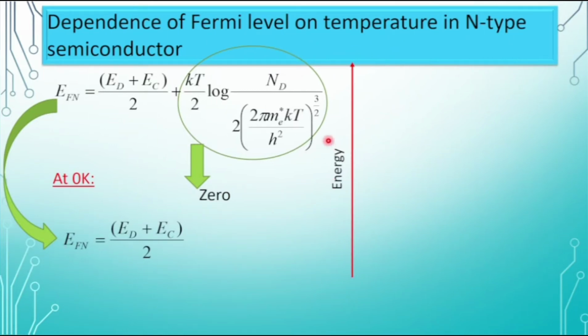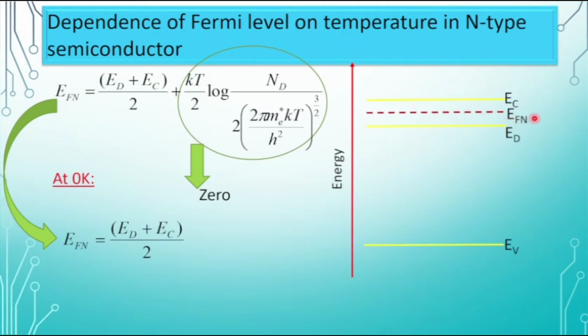This is the energy direction. This is the top of the valence band, this is the bottom of the conduction band, and this is our dopant energy level. Now EFN is equal to ED plus EC by 2. That means it should lie just halfway between ED and EC. So if I denote EFN by this dotted line, then EFN lies just between EC and ED.